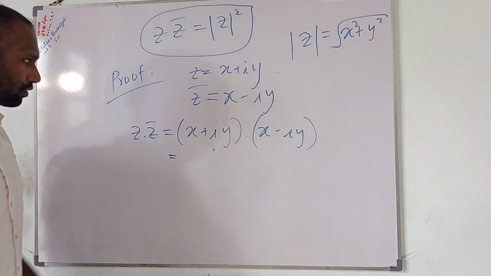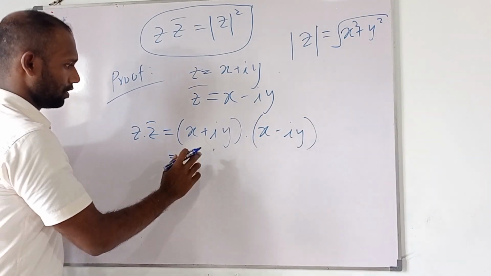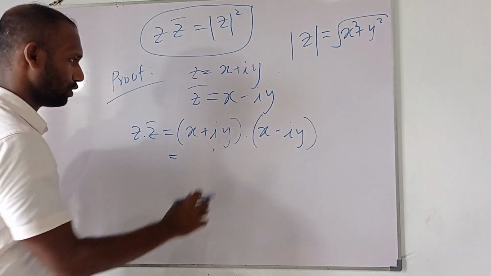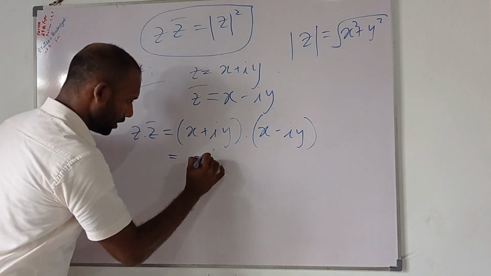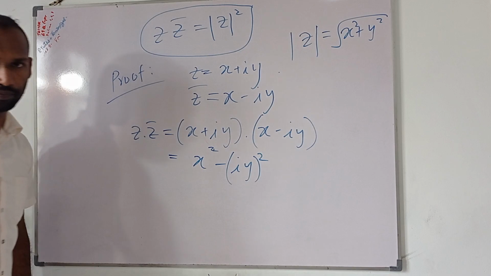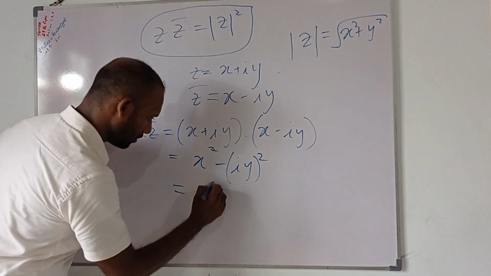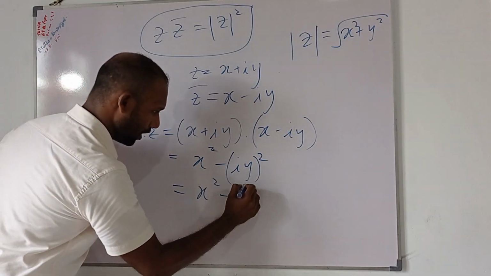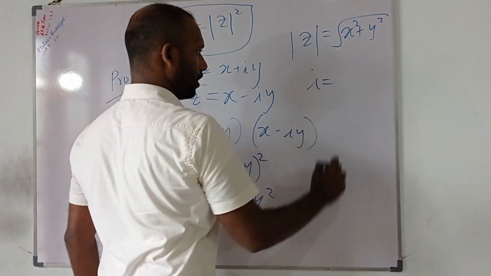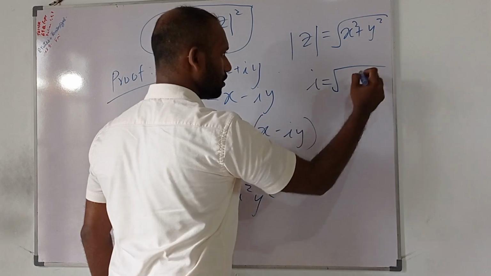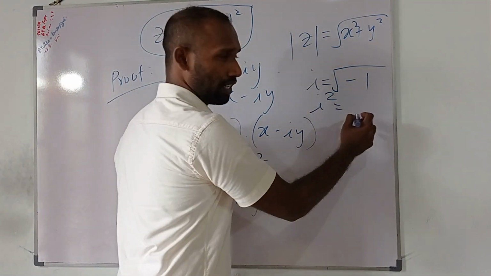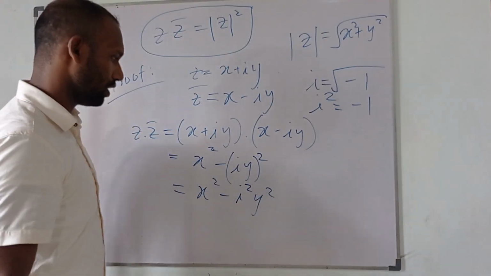So we know that here is plus and here is minus, so this can be written as x squared minus (iy) squared, which is x squared minus i squared y squared. I equals the square root of minus 1 and i squared equals minus 1.